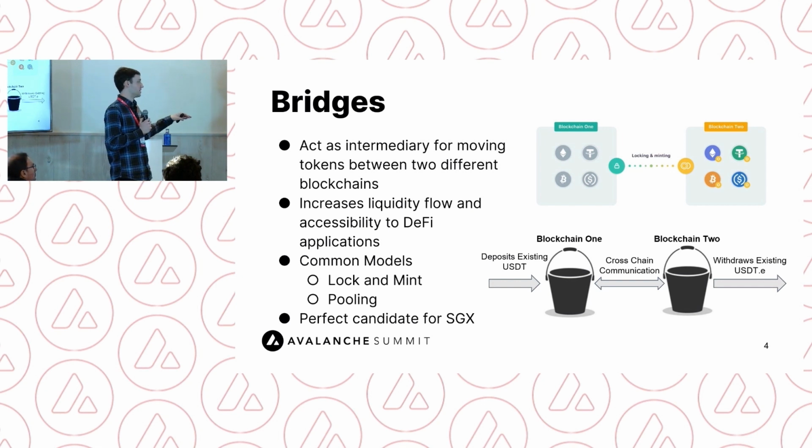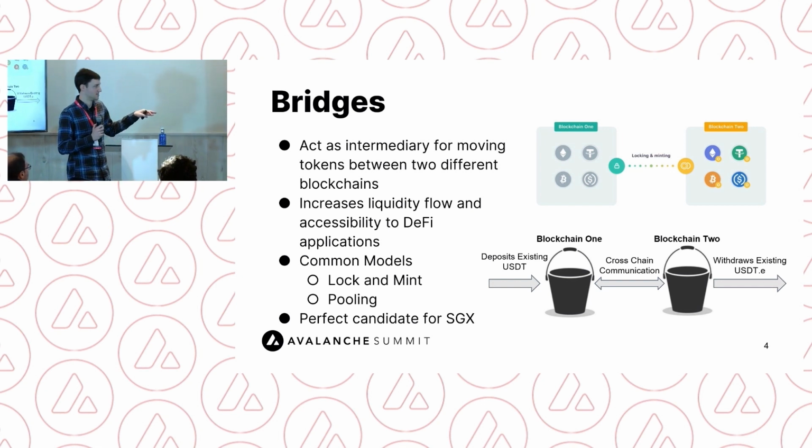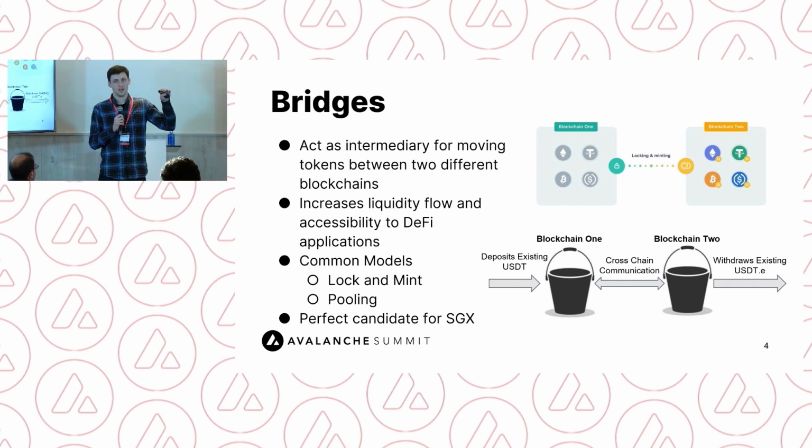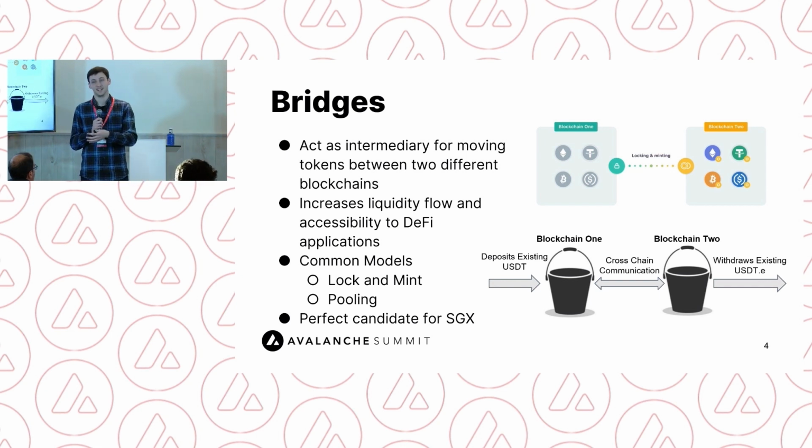The other model is the pooling model, which has some different properties, but the way it works is that someone initializes two pools of equivalent assets on two different chains. So you have your existing USDT on Ethereum and your existing USDT.e on Avalanche.